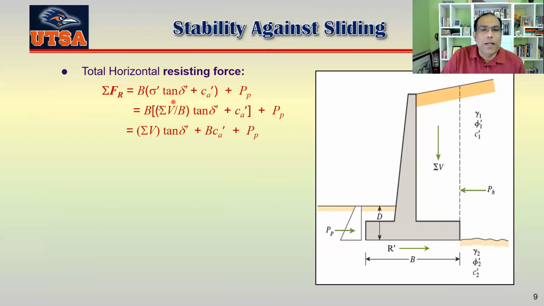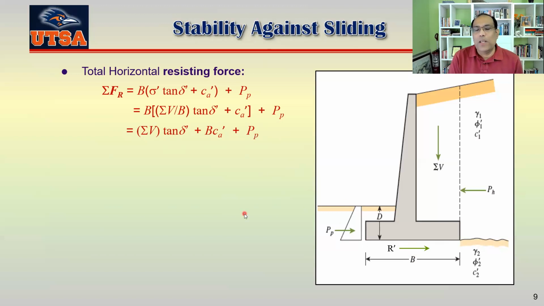So if you see here, B cancels with this, so basically your total horizontal resisting force is summation of V tan delta prime plus B times C. B is the width of the wall. C is the cohesion between soil and the bottom of the wall. And this is your passive force that's coming from here.